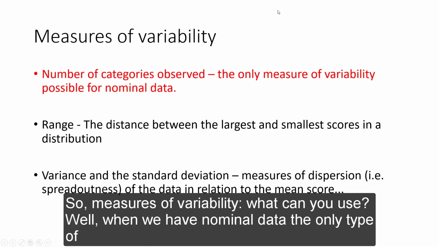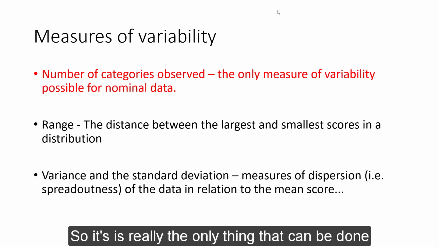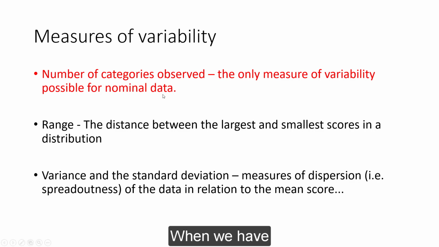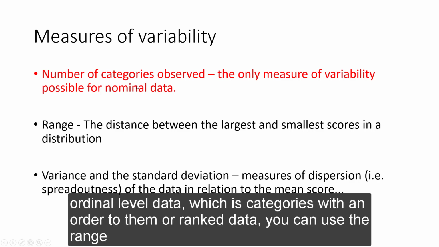So, measures of variability. What can you use? Well, when you have nominal data, the only type of measure of variability you can use is the number of categories observed. It's really the only thing that can be done. When you have ordinal level data, which is categories with an order to them, or rank data, you can use the range.